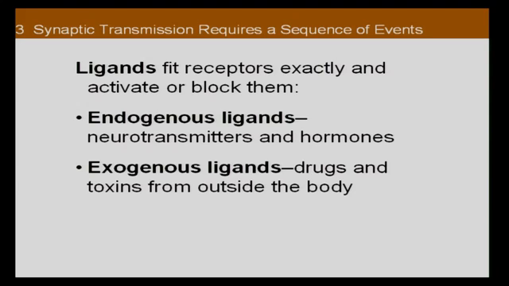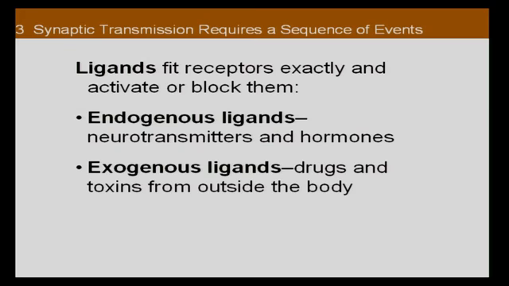There are two major kinds of ligands that you should know about. Endogenous ligands, endogenous keys, are neurotransmitters and hormones that are made by the brain and act in normal, natural ways in the brain. Exogenous ligands are other chemicals that come in and play the role of these endogenous ligands.